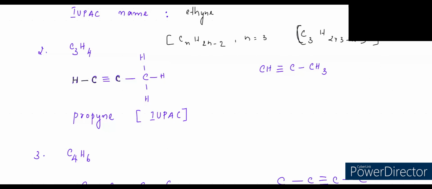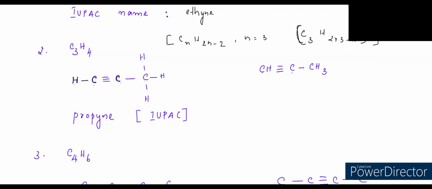When I condense, per carbon, I have to write how many hydrogens are present or what kind of bond is present. So I wrote the first carbon, on that there is a H, so that is represented. First and the second carbon are connected by triple bond. Second and the third carbon are connected by a single bond. On the third carbon, there are three hydrogens, so CH3.